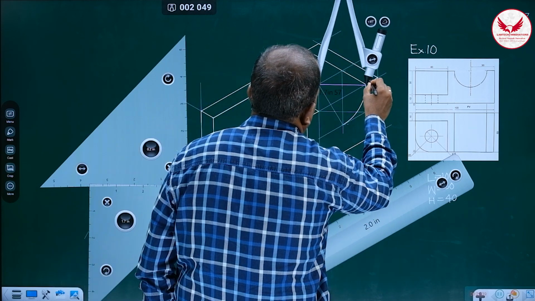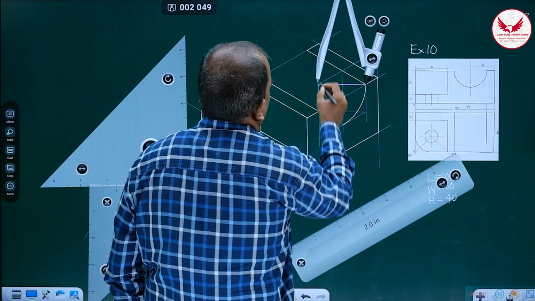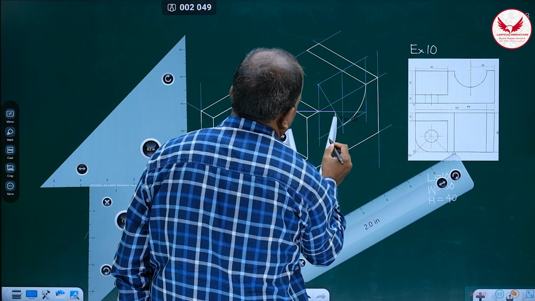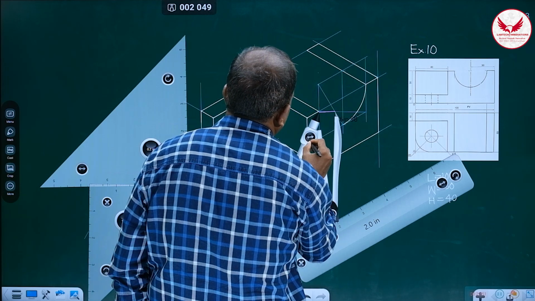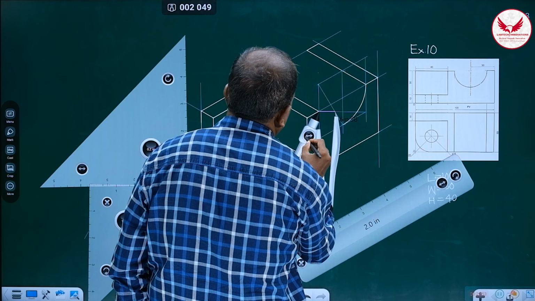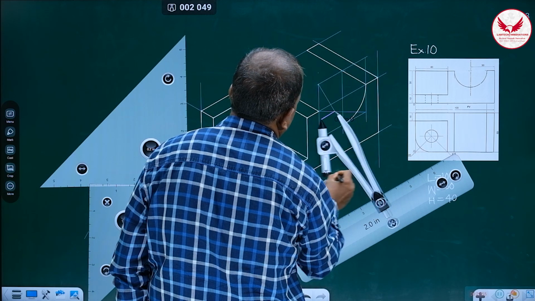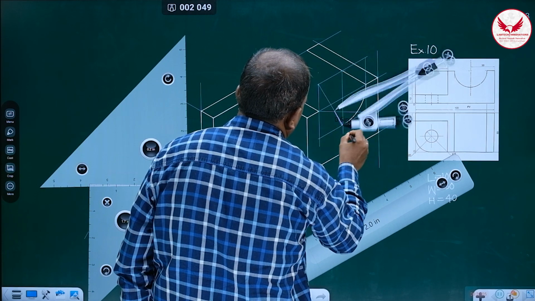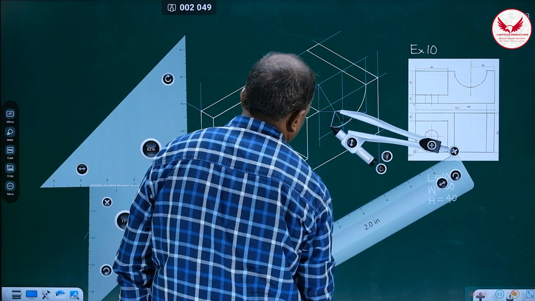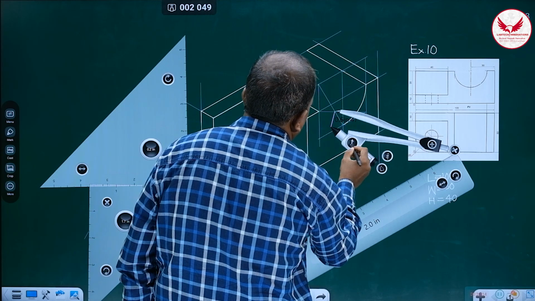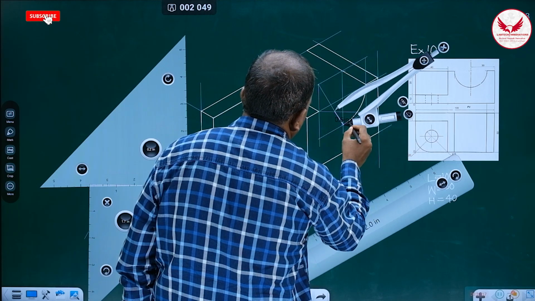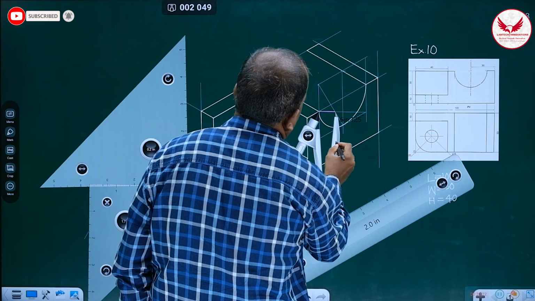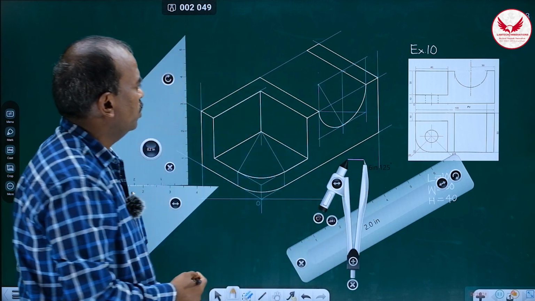So we should mark this arc, and again with the other center with reduced radius up to this point, mark this arc, and perfectly we got this semicircular portion.